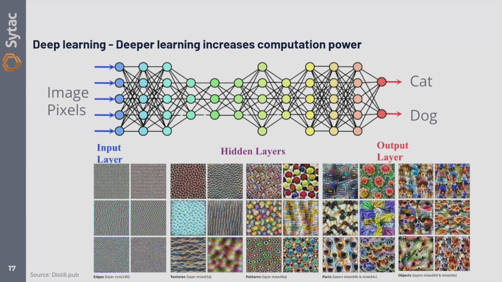This is almost object level. It gets activated by larger objects. So each layer gets built on top of the previous layer, and depth really adds to the computational power of your network.